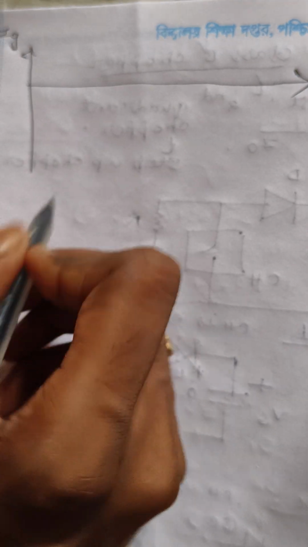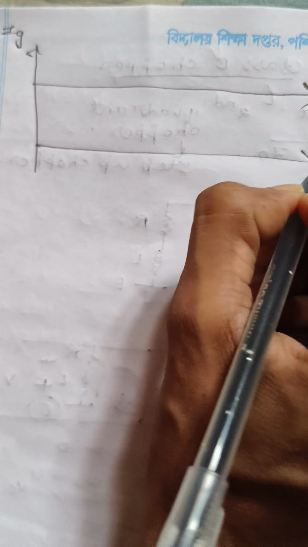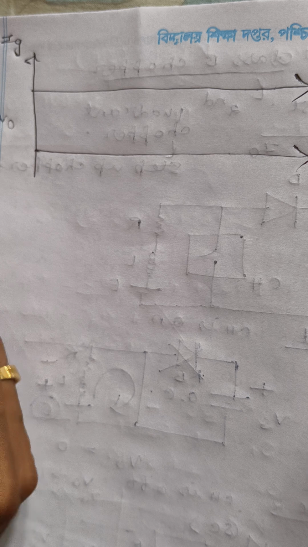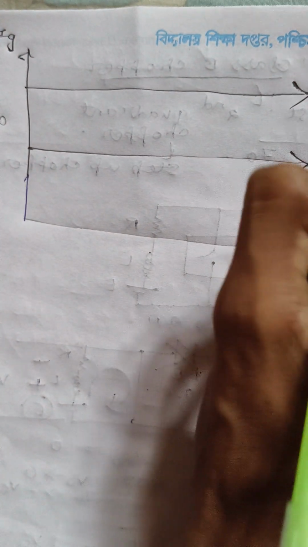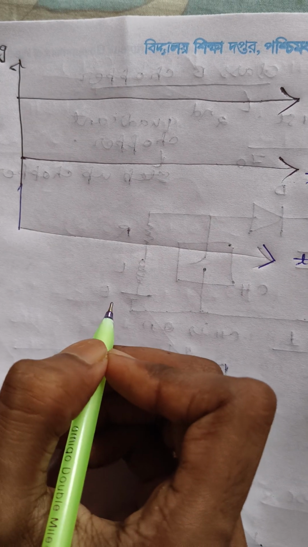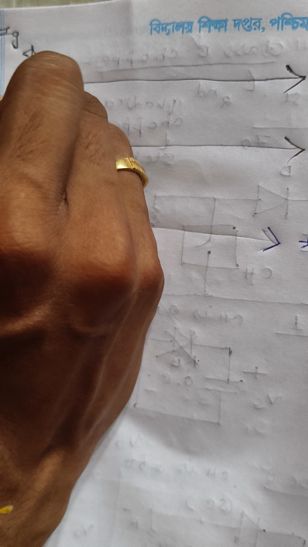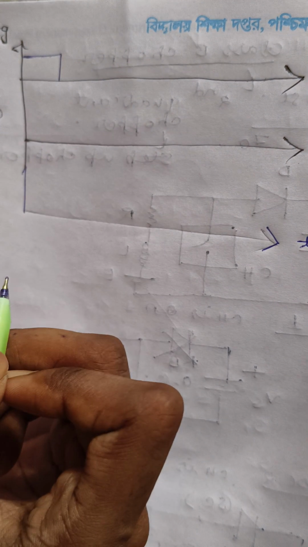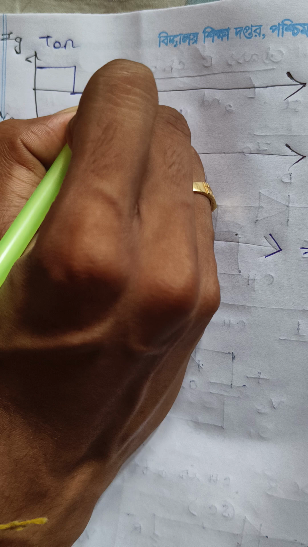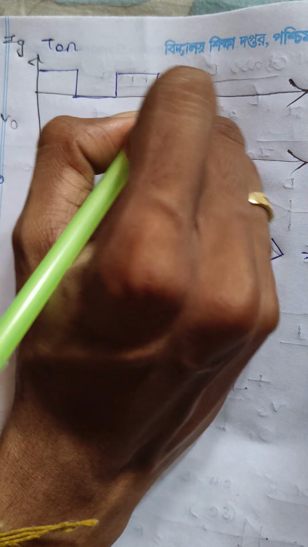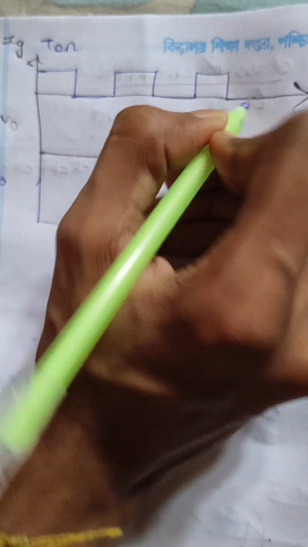Then I am drawing the output voltage, and here I am drawing the output current, against time t. Let's say during this time the switch is on, that means the gate pulse is supplied, then it is off, then periodically it is on, then off, and so on.